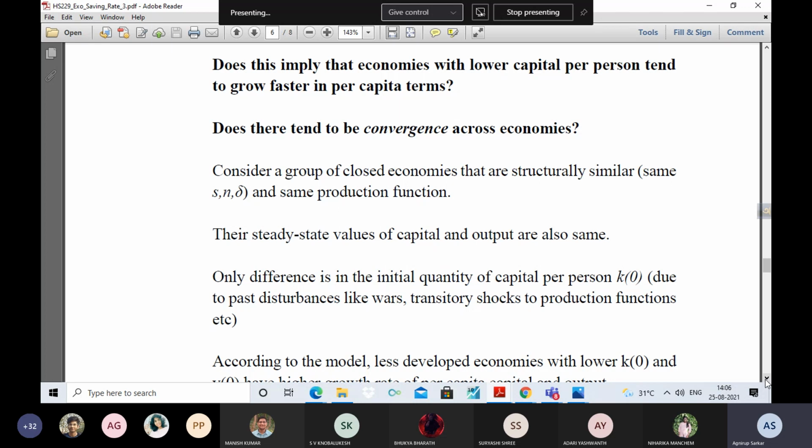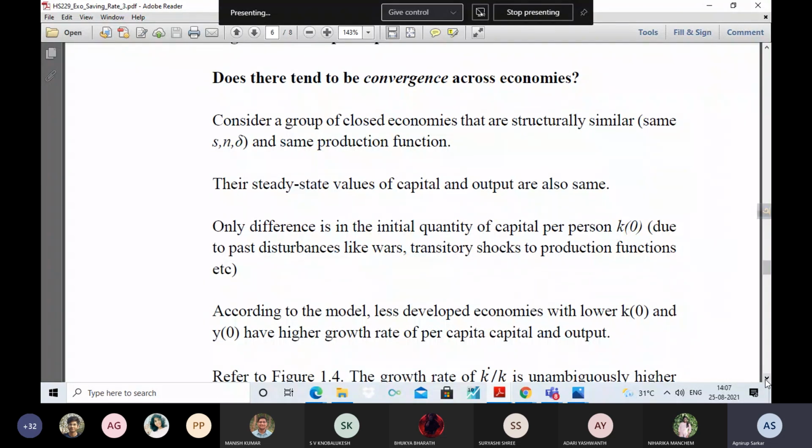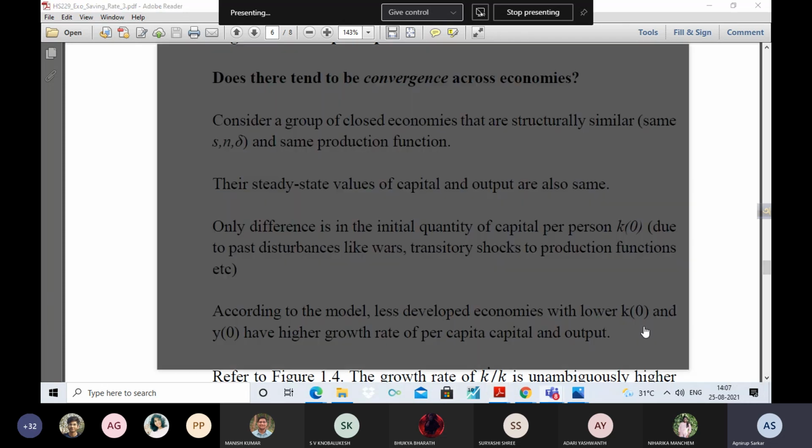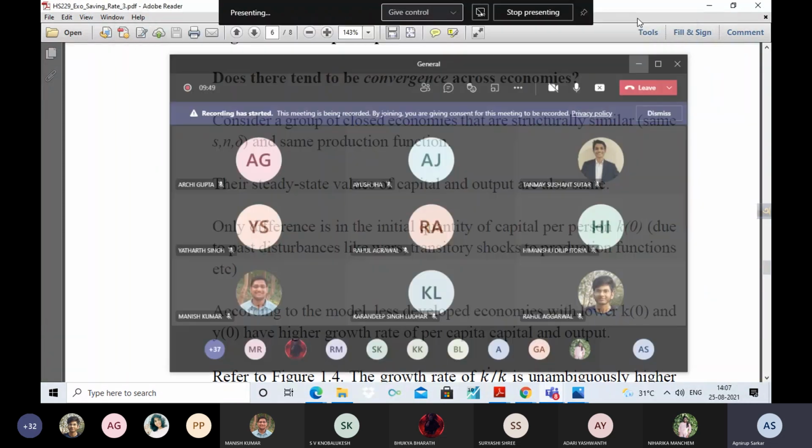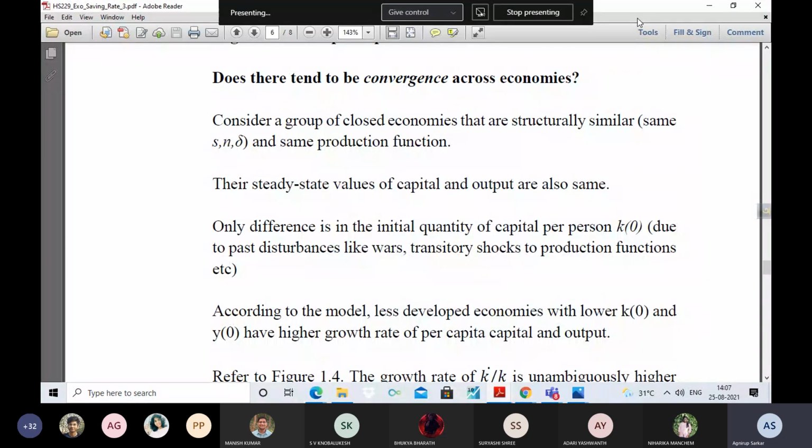For example, a comparatively richer economy will start from a higher value of capital per person as compared to a comparatively poorer economy. The poorer economy will start from a lower value of capital per person, k naught. If that is the case, then the question is, do you expect the poorer economy to grow at a faster rate? That is the question.